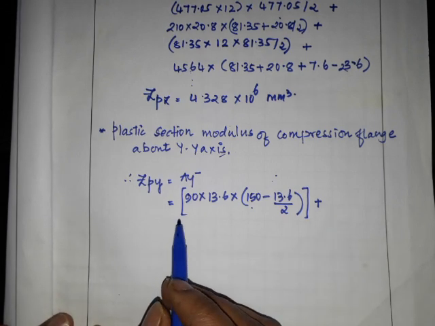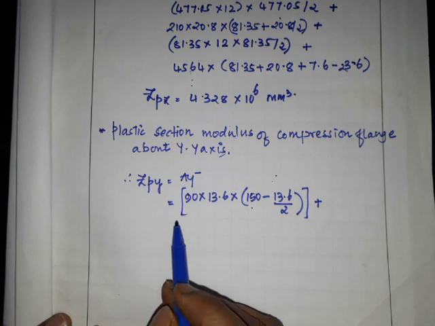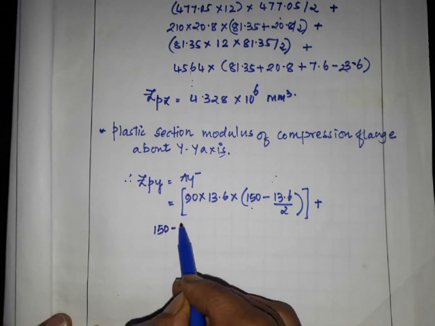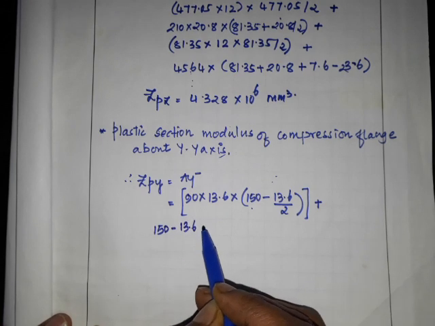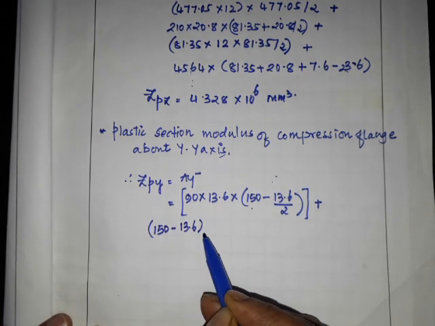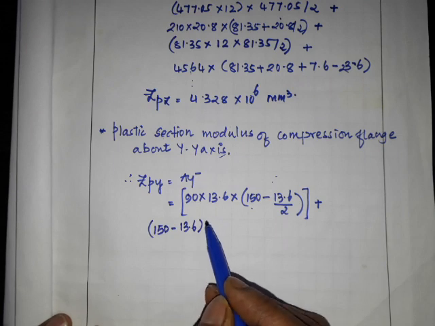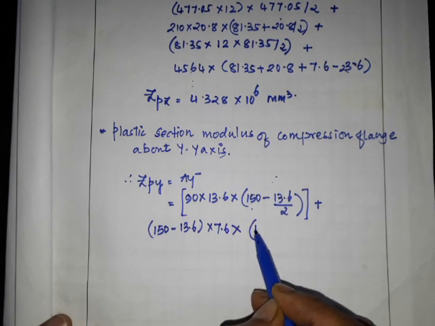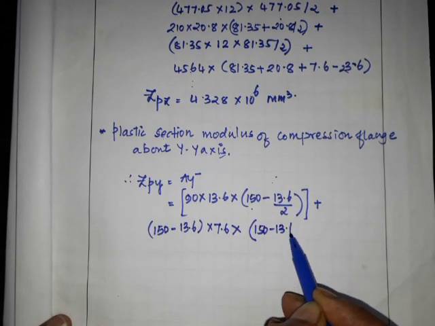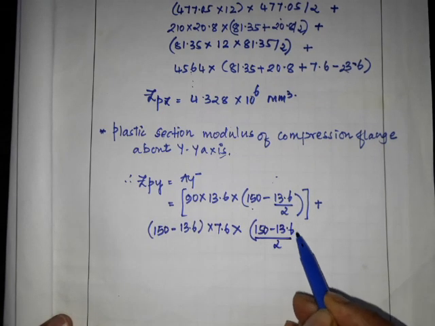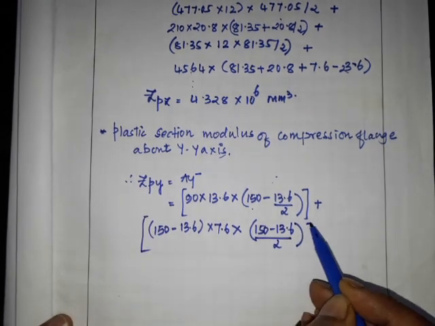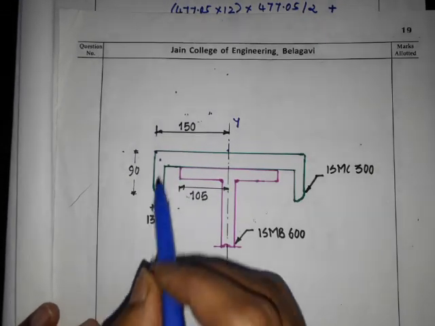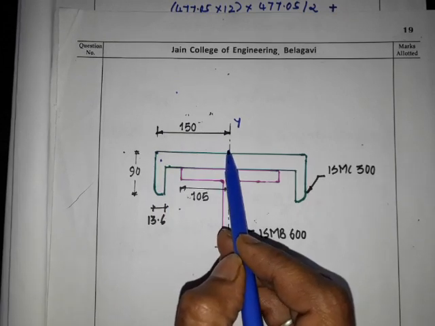So the web length is 150 minus 13.6, into the thickness of web, which is 7.6, into 150 minus 13.6 divided by 2. Here you can see the total is 150 minus 13.6.